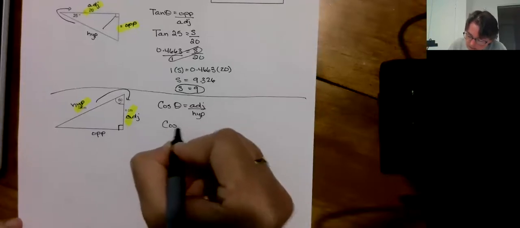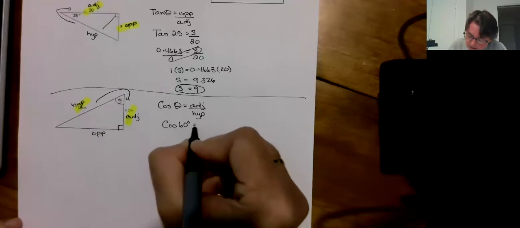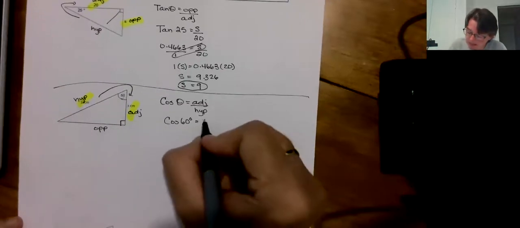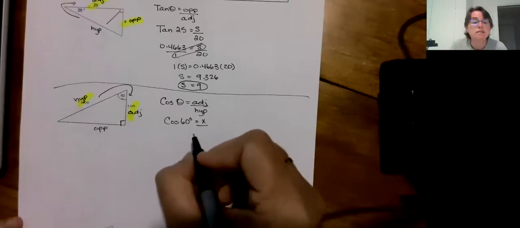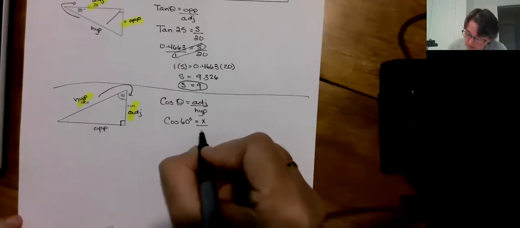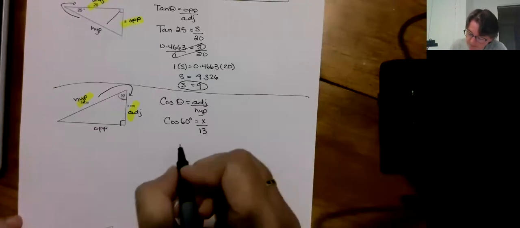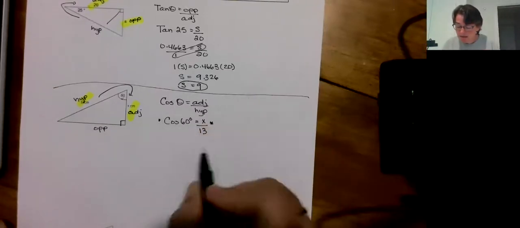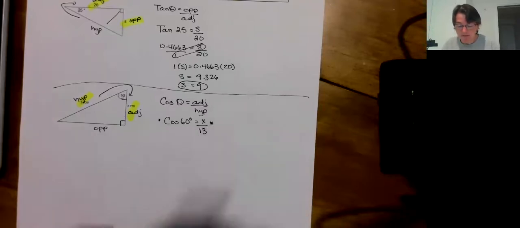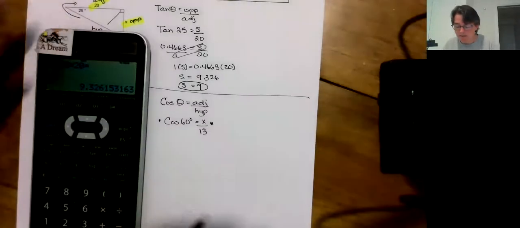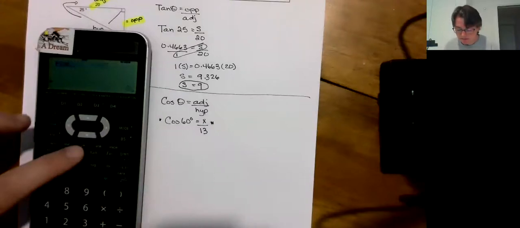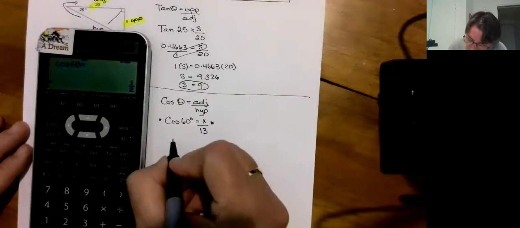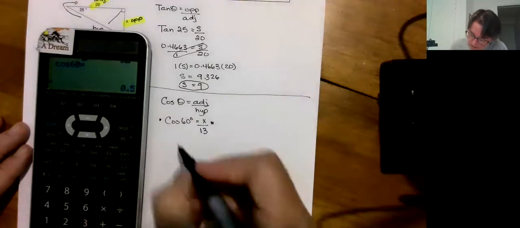And we know the angle, 60 degrees, is the adjacent side. They use an X, so I'm going to put an X over hypotenuse, which I think was 13 centimeters. There's my checkpoint. I have 2 numbers and 1 variable, so I'm in a good space. So cos 60, oh, look at that, 0.5. You don't trust me? There it is, 0.5.